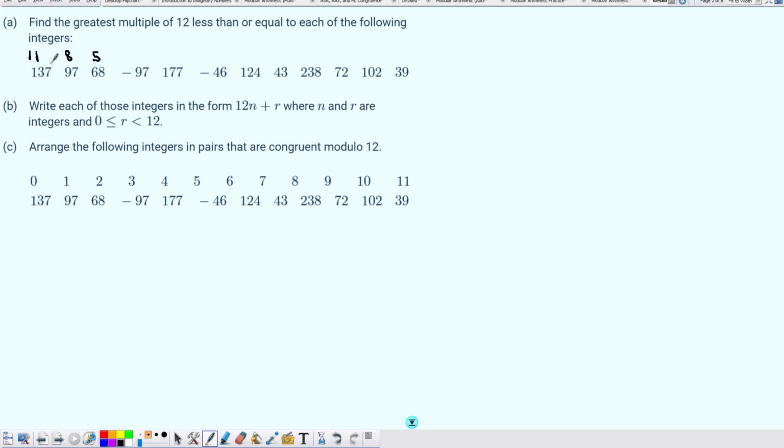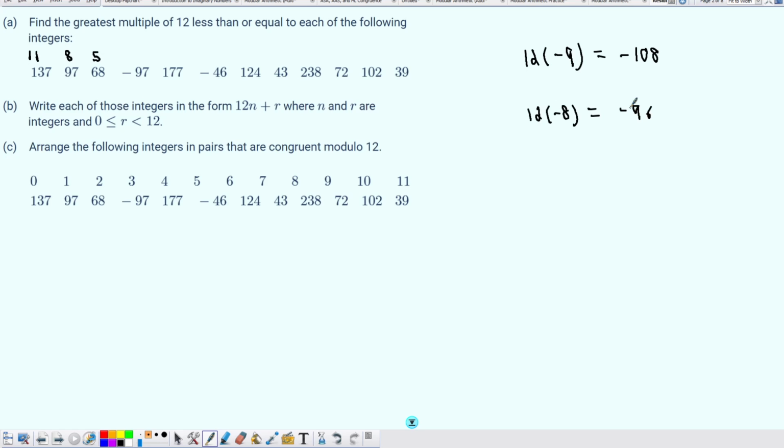But it's a negative 97. So, 12 times negative 9 is negative 108. And 12 times negative 8 is equal to, getting a little ahead, negative 96.